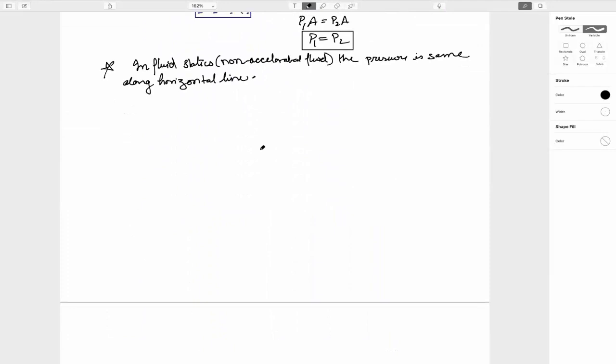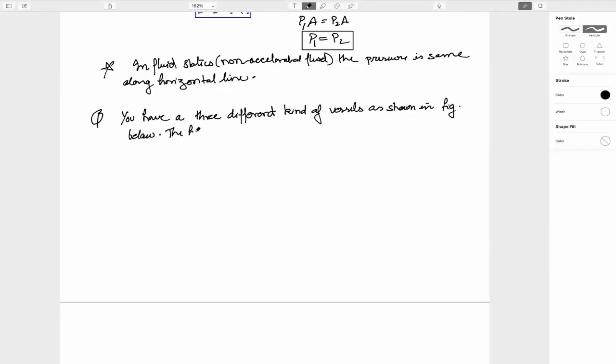Now, before I end this, I will be giving you one question and try to find out the solution to that. That's a simple question. So let's say you have different kinds of vessels as shown in figure below. The height of the fluid stored in each vessel is same.